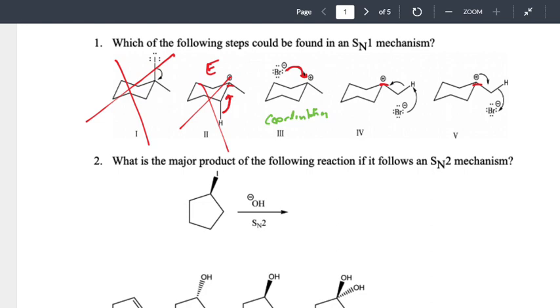What happens in the next one? Br minus is attacking H. That should already be a little weird, because what would you make? You would make HBr, a strong acid. We shouldn't be doing that. But then the electrons in that bond go to making a bond.